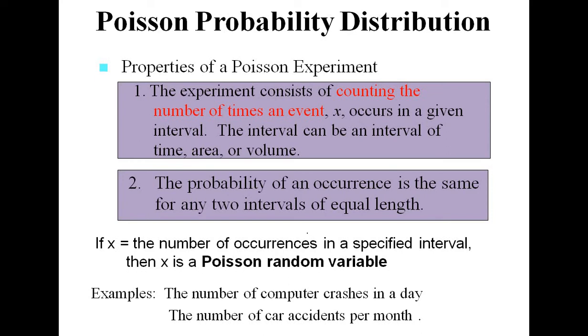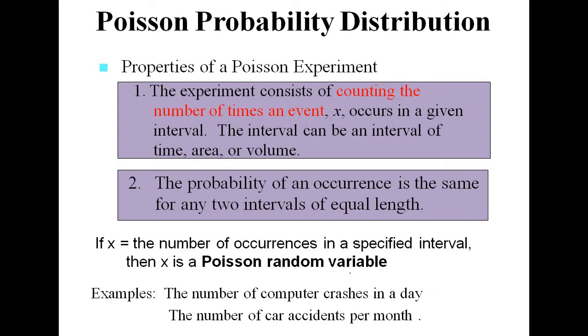Let's say if x is equal to the number of occurrences in a specific interval, then x is a Poisson random variable. For example, the number of computer crashes in a day, or the number of car accidents per month. So here we can set the number of accidents per month.